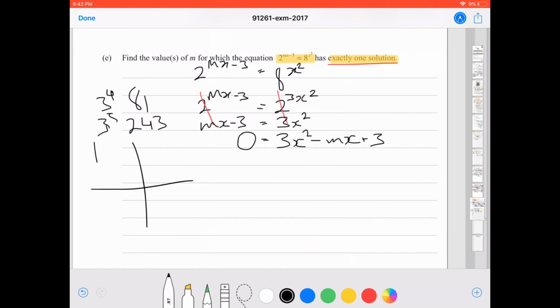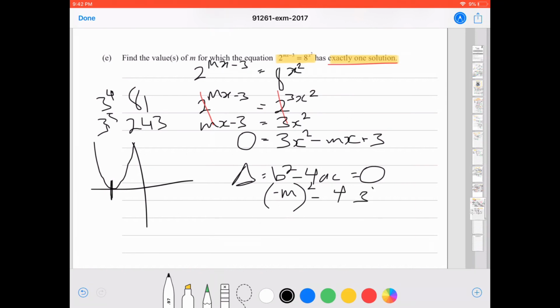One solution looks like this, where the solution is here. And so the discriminant, b squared minus 4ac, equals 0 in that case. So we've got minus m squared minus 4 times 3 times 3 equals 0.